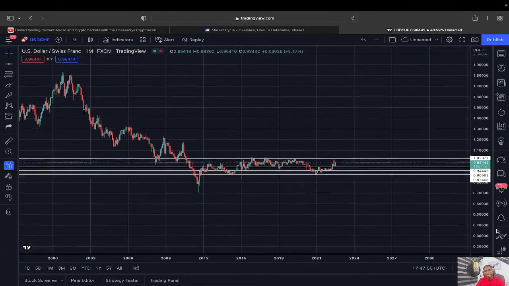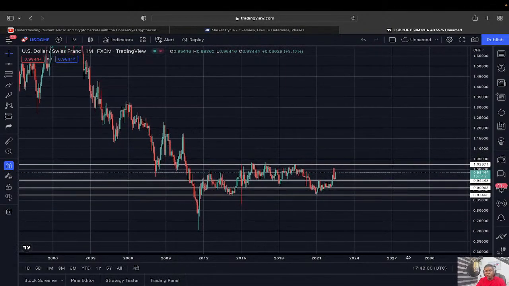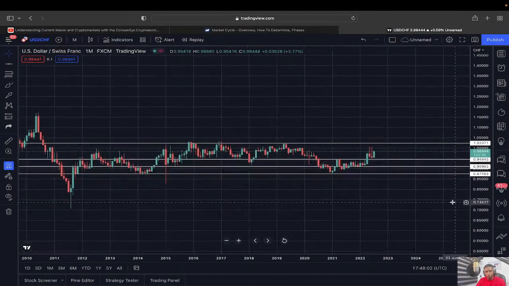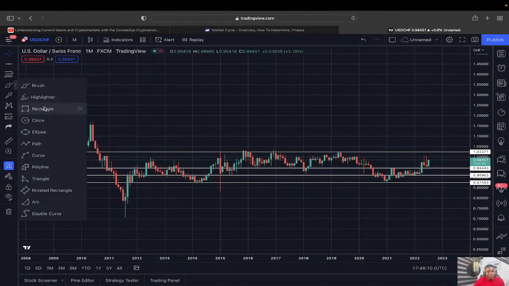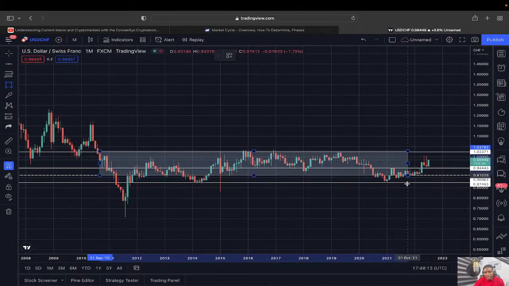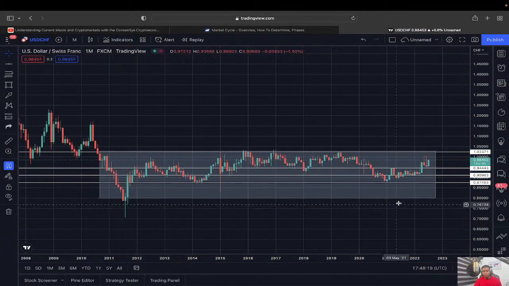Currently, the market has no direction on the monthly time frame. If you can see, very obvious to the blind. The market has no direction. The market has been consolidating here.